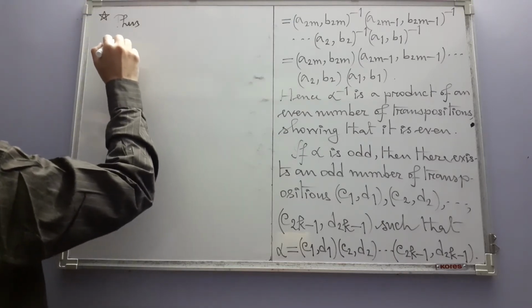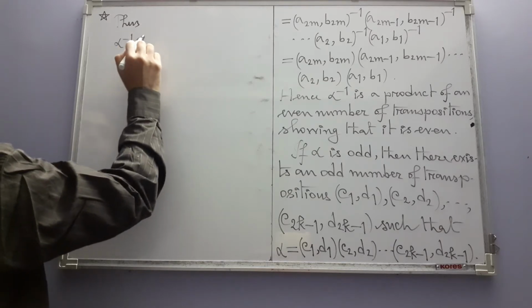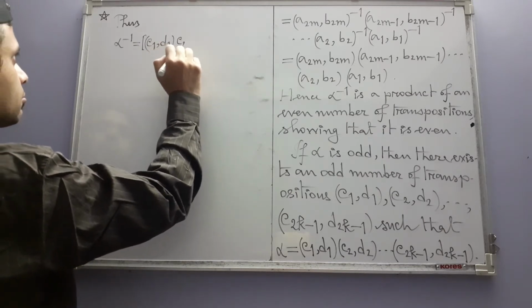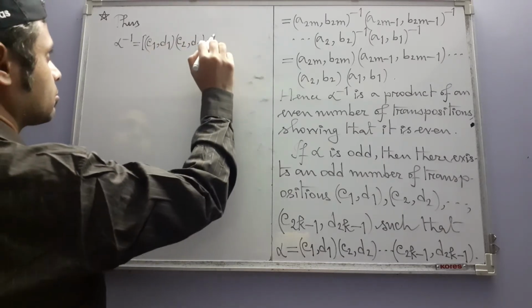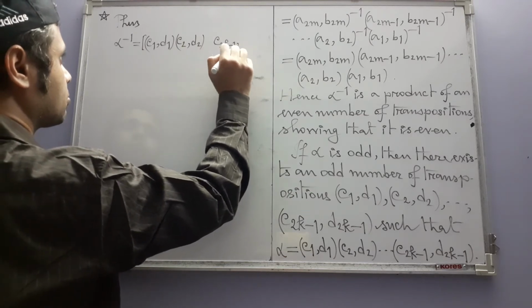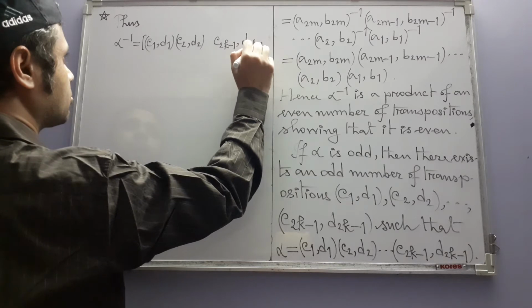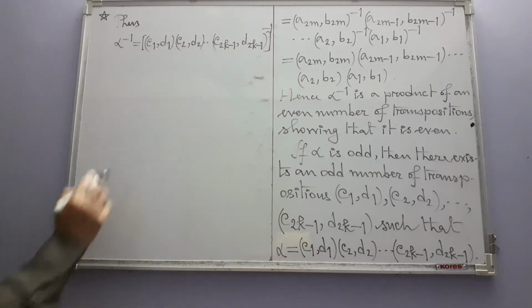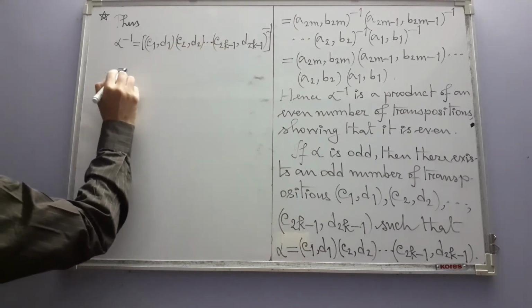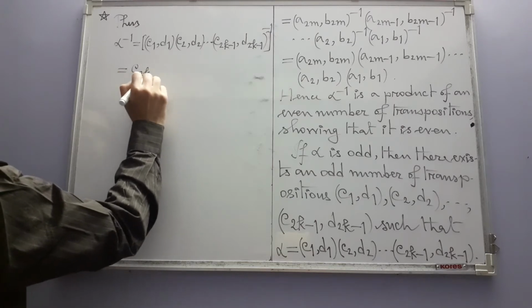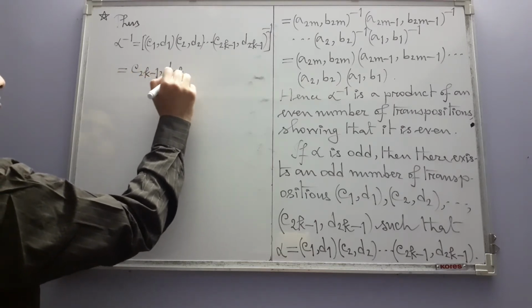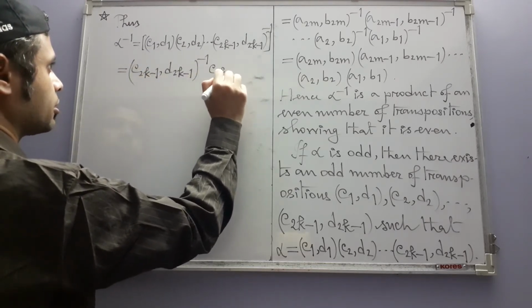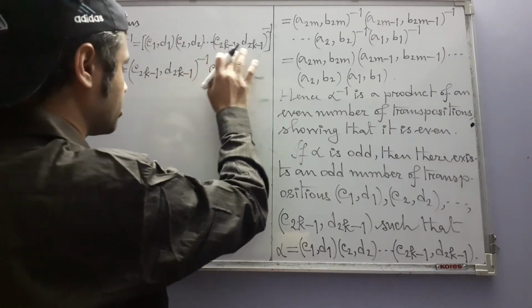Thus alpha inverse equals the product in reverse order of the inverses.